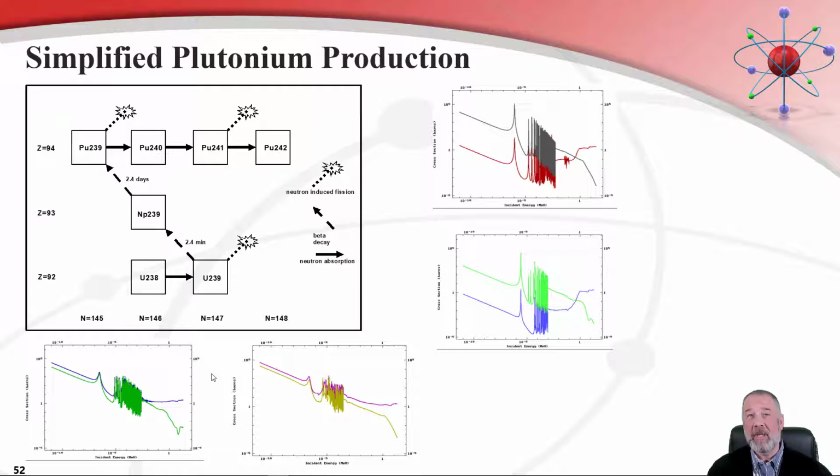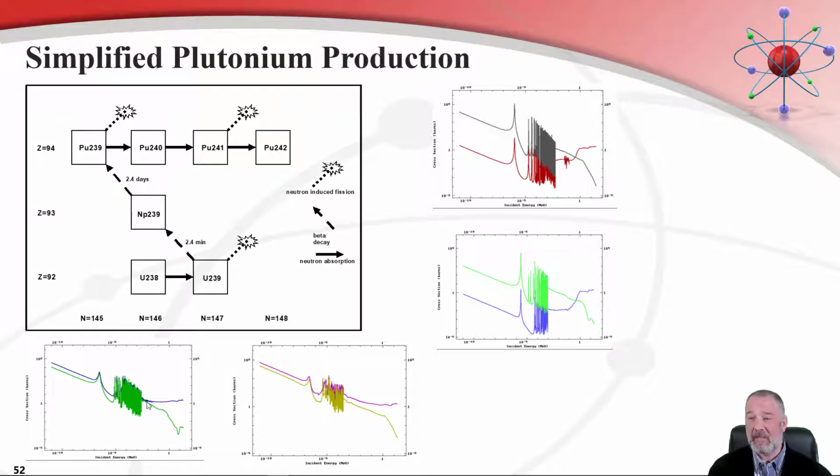The green line below it is the probability that it will take that neutron and, instead of fissioning, turn into plutonium-240. What we can see is they're pretty close, separated by about a factor of 10 for the most part, until we get into this really interesting region, also known as the resonance region, wherein the probabilities fluctuate very widely depending on the nuclear structure of plutonium-239.